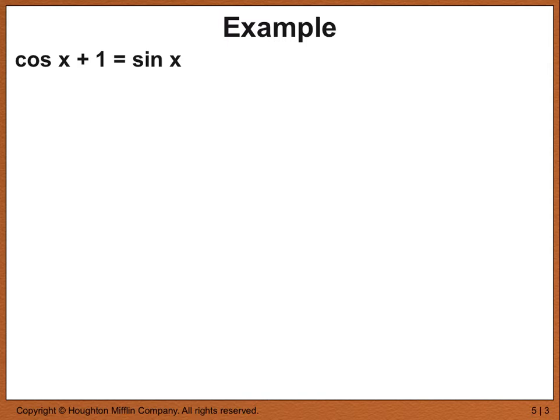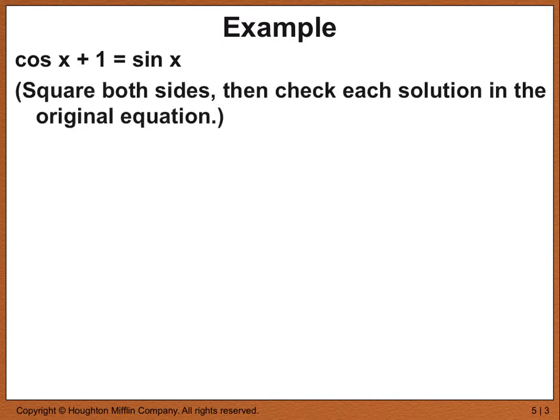So this is the technique that you're going to learn today, one of the techniques. Square both sides, then check each solution in the original equation. The reason for squaring both sides is that sometimes when you have a trig equation, squaring both sides can give you something that looks like one of the Pythagorean identities: sine squared x plus cosine squared x equals 1, or 1 plus tangent squared x equals secant squared x, or 1 plus cotangent squared x equals cosecant squared x.